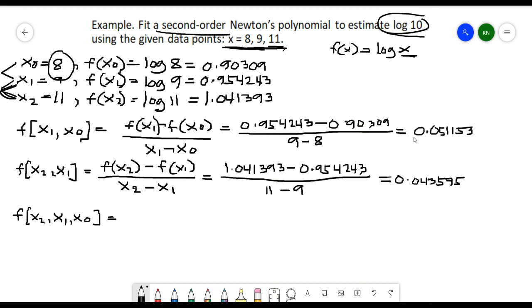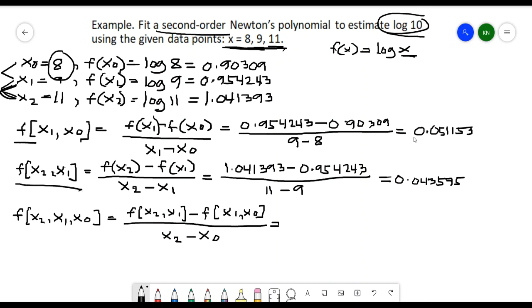The formula is f of x sub 2, x sub 1 minus f of x sub 1, x sub 0, divided by x sub 2 minus x sub 0.